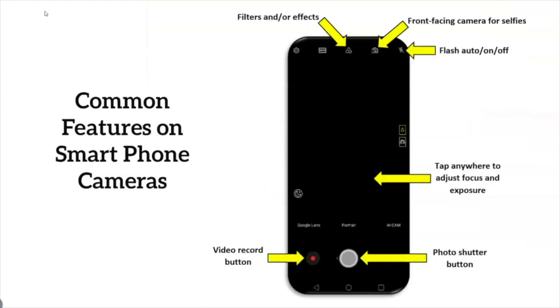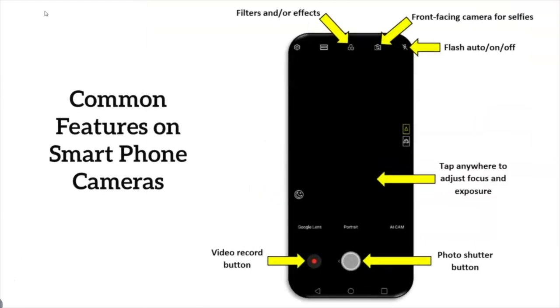For example, in the upper left-hand corner, you'll notice a little icon that looks like three circles, kind of overlapping each other. That is typically your filters and/or effects. And what that allows you to do is to basically change the quality of the photo that you have. You can make it black and white. You can brighten it. You can make it with warmer colors or cooler colors. And that's where you would go in order to play with those features.